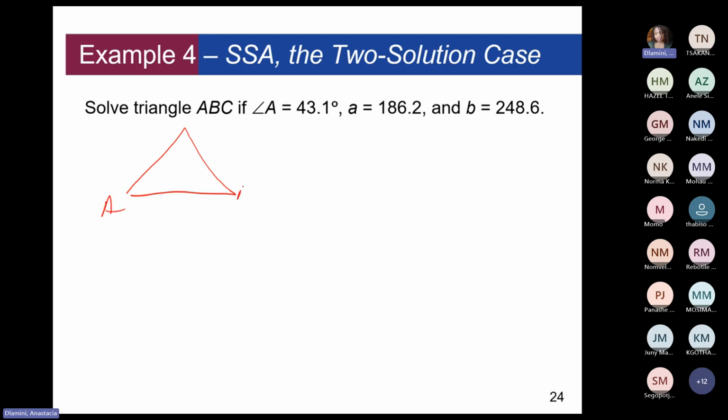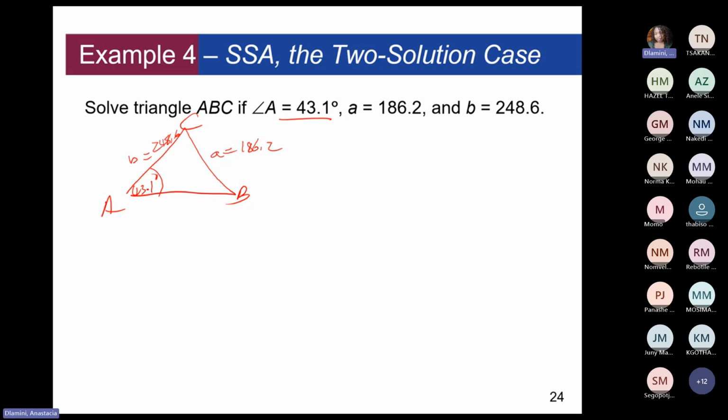So we have A, B, and C. Angle A we are given, it's 43.1 degrees. We don't know C. We know small a, small a is 186.2. Small b is equal to 248.6. So let's solve the problem, guys.